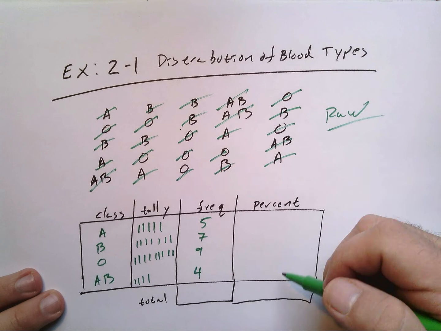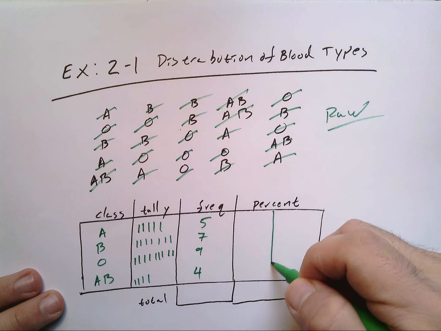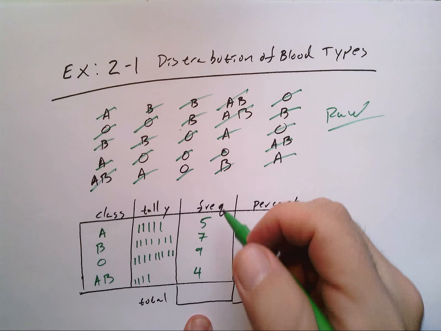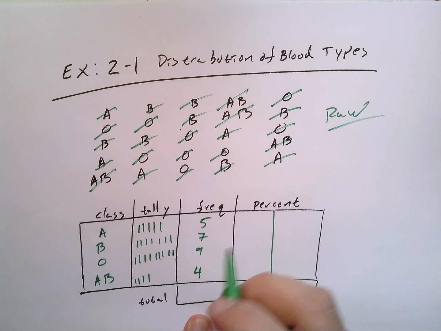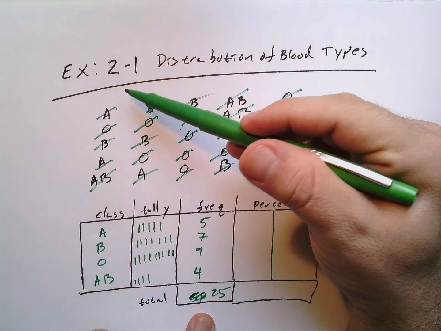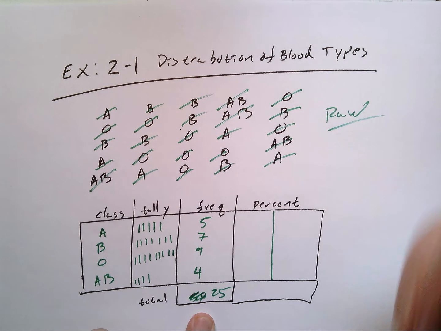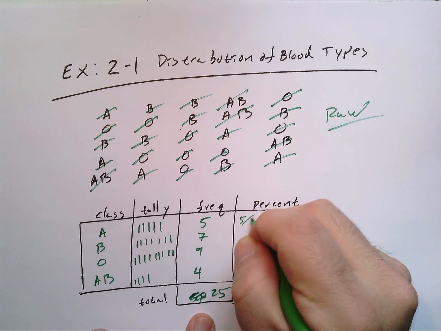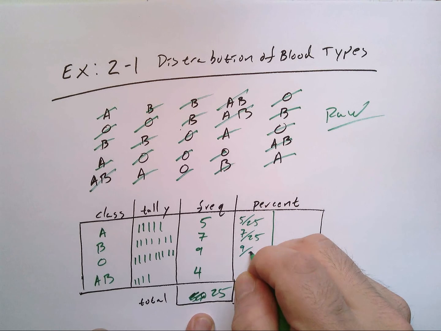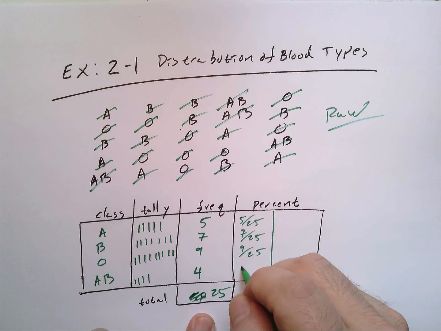Here in the percent column, I'm going to split it into 2 just so you can see what's going on. I have a grand total count, so my frequency count is 25, which makes sense since my raw data was split between 5 rows and 5 columns. So it's 5 over 25, 7 over 25, 9 over 25, and 4 over 25.